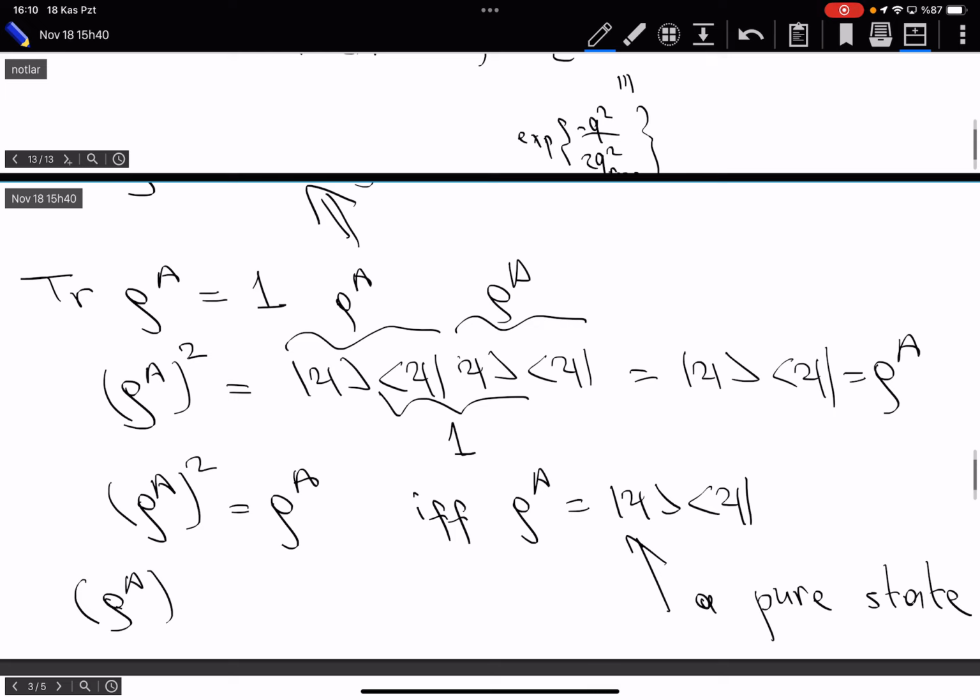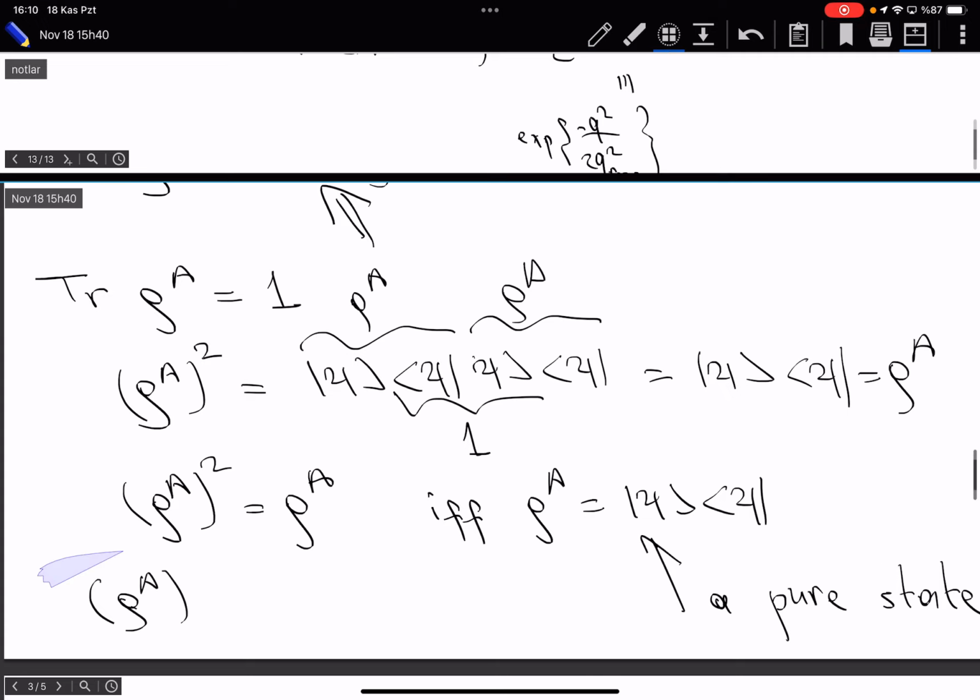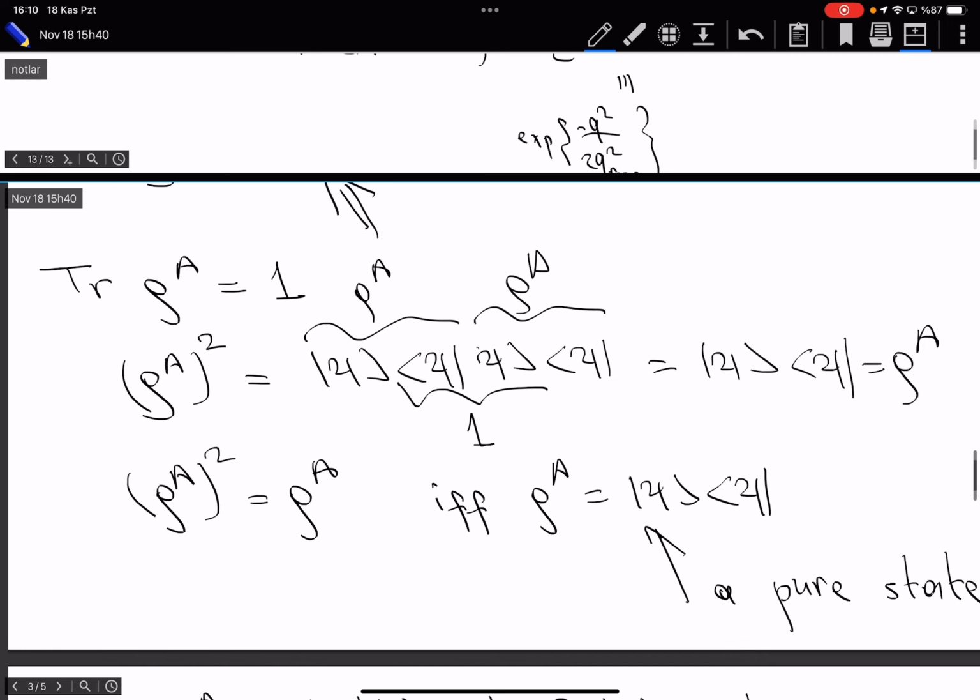And furthermore, you can have, for example, rho a to the fourth power equal to rho a, but rho a squared could have been minus 1. Not for a density matrix, but in general for matrices, rho a squared equal to rho a is more strict than saying that rho a cubed is equal to rho a. Other questions?